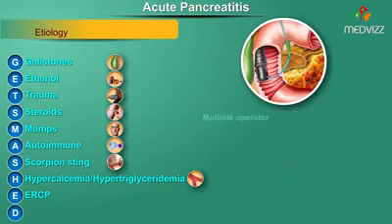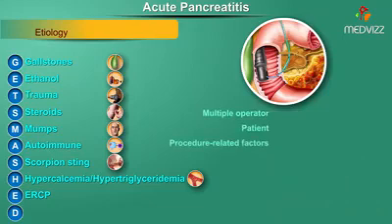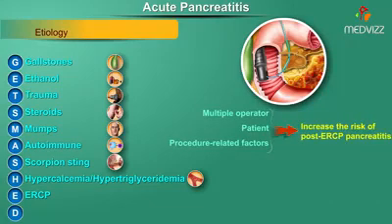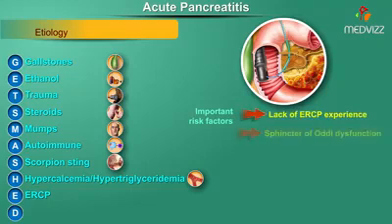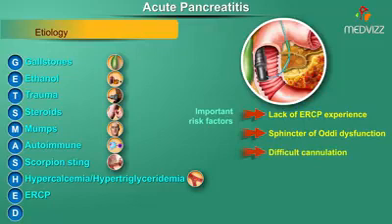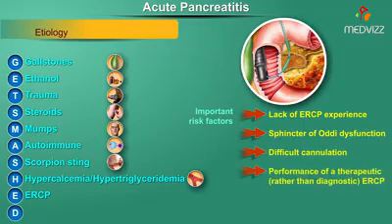Multiple operator, patient, and procedure-related factors increase the risk of post-ERCP pancreatitis. Important risk factors include lack of ERCP experience, sphincter of Oddi dysfunction, difficult cannulation, and the performance of a therapeutic rather than diagnostic ERCP. D stands for drugs.